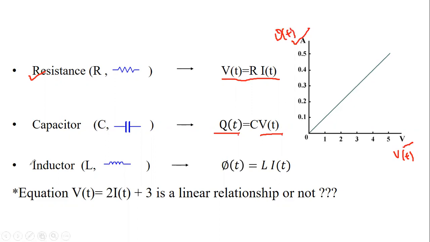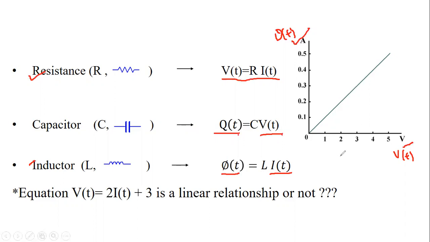And the third one is the inductor. That is the symbol. The basic equation for the inductor is that there is always flux across the inductor whenever a current passes through it. So phi(t) equal to L i(t). Phi(t) is the flux across the inductor and i(t) represents the current through it.